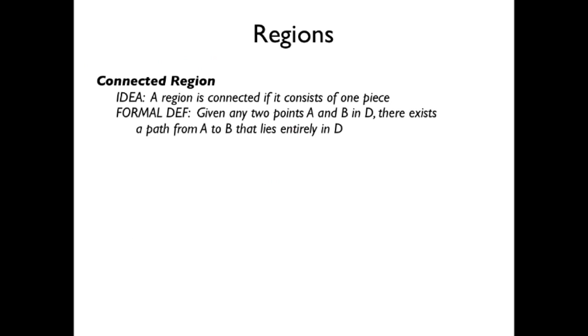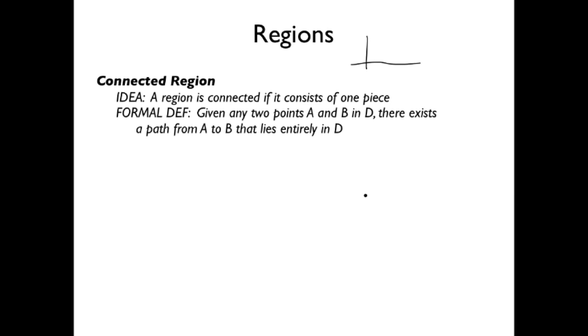Okay, so let's talk about regions. So a connected region is, 7 minutes, we can do it. The informal definition is that a region is connected if it just consists of one piece. And that's all the ones we've been talking about so far.